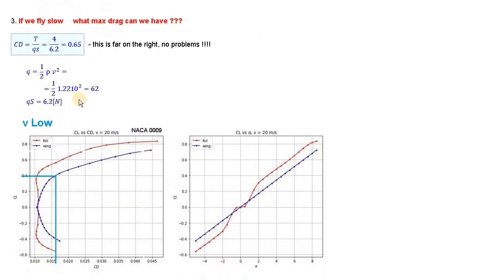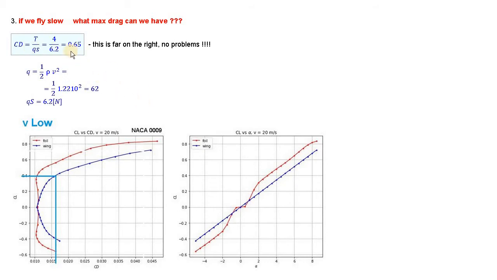So we go here and we plug the numbers in once again. For the drag coefficient, we divide the thrust by the QS, and QS is known. Speed is slow, let's say 10 meters per second. This is the wing area. You plug the numbers in and you get the drag coefficient. The limit for the drag coefficient is 0.65.